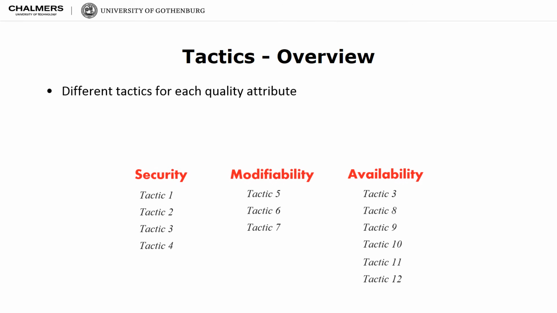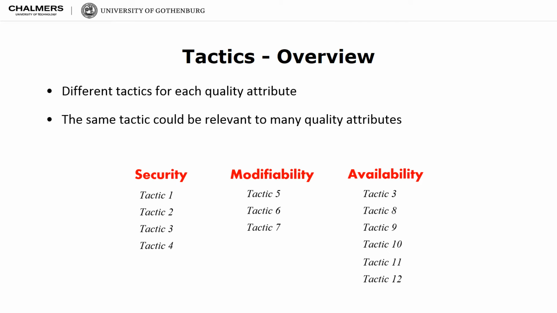A catalog of architectural tactics has been in use for several years in academia and industry, addressing different quality requirements. There are different tactics for each quality attribute. However, the same tactic could be relevant to many quality attributes.